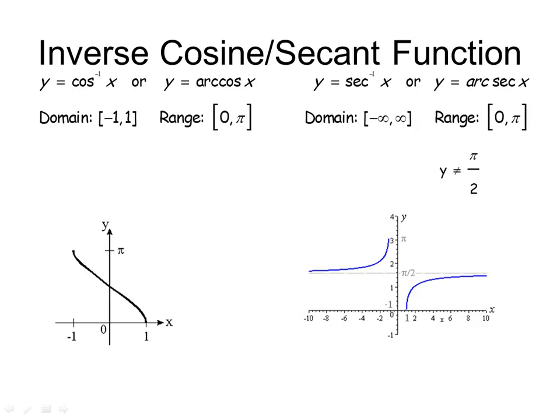So we cut it off here. That way we don't touch it twice. So your range for your inverse cosine is going to be from 0 to pi. And we're going to be in quadrants 1 and 2. Quadrants 1 and 2.